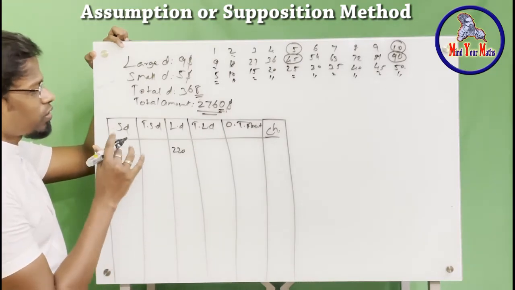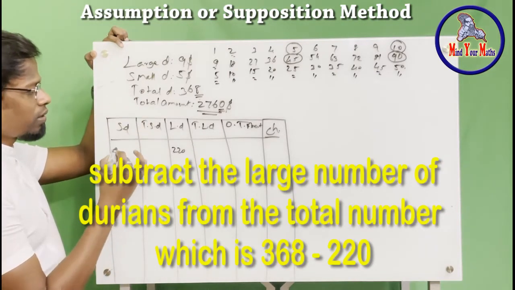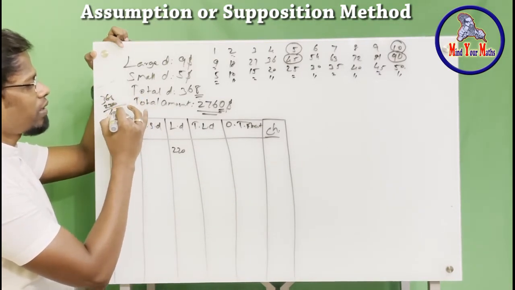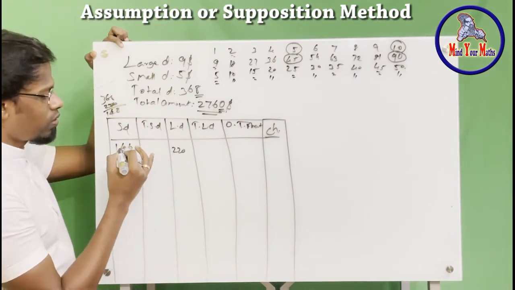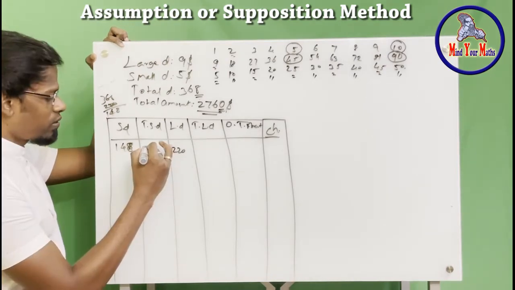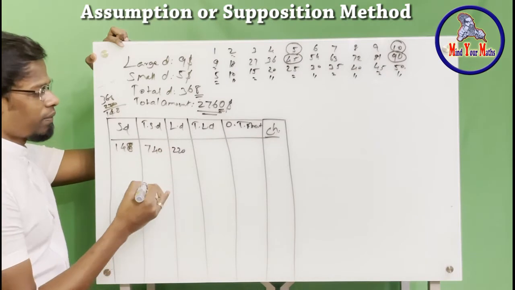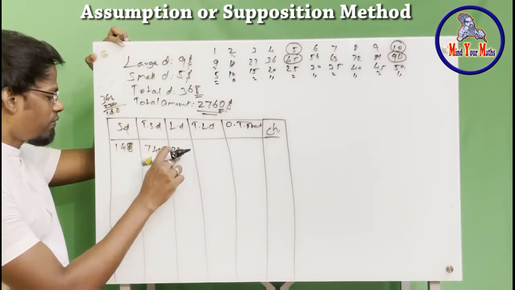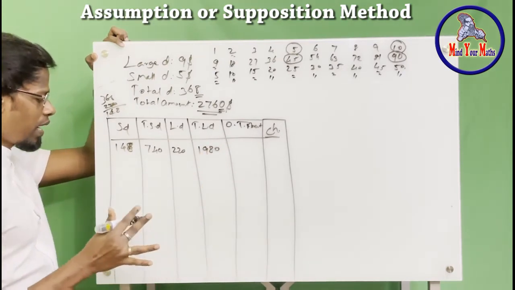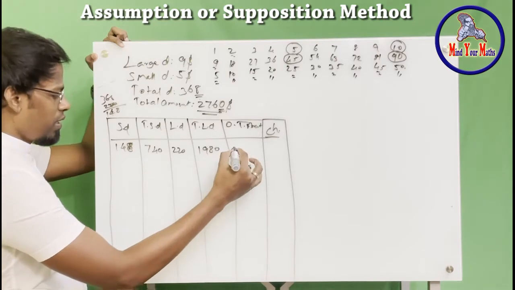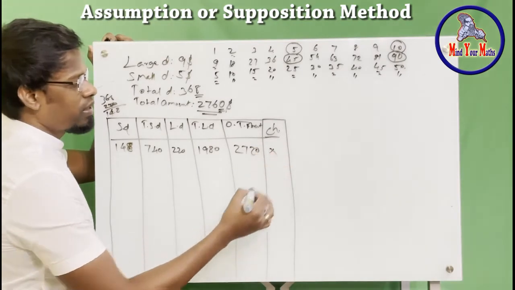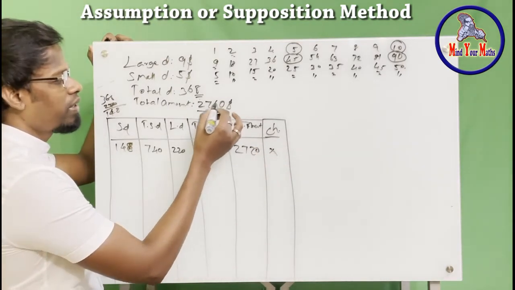Then for the small one it will be 368 subtract 220, which is 148. 148 times 5 is 740, and 220 times 9 is 1980. When you add these two together, you get 2720. As per the check, this is not the correct answer because we need to get 2760.